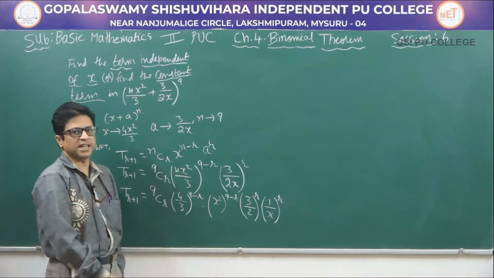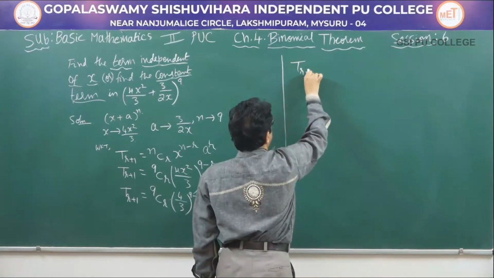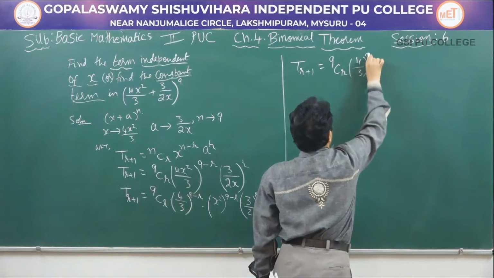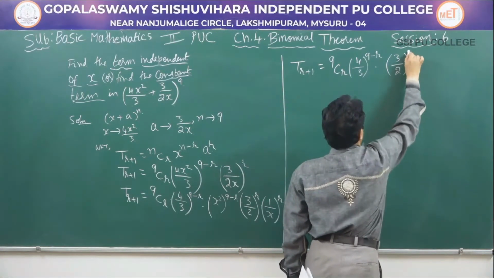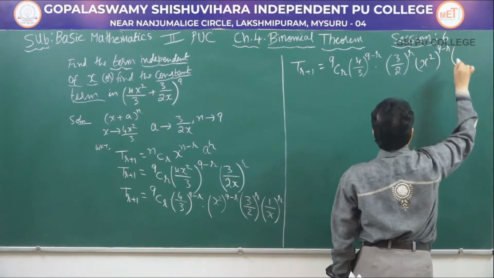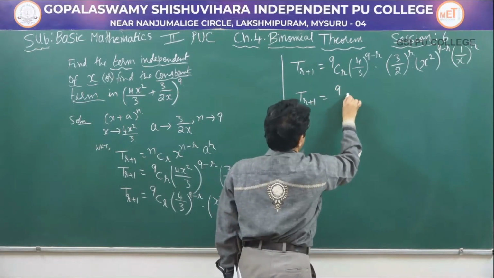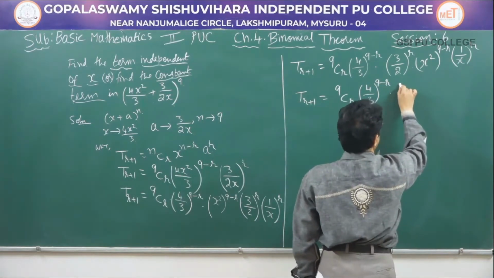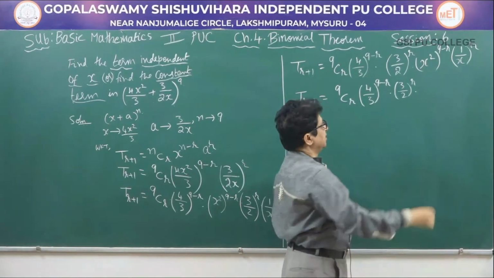We group the constant terms and the x terms, so T(r+1) is equal to 9Cr into (4/3)^(9−r) into (3/2)^r into (x²)^(9−r) into (1/x)^r. Here (a^m)^n is a^(mn), by laws of indices.